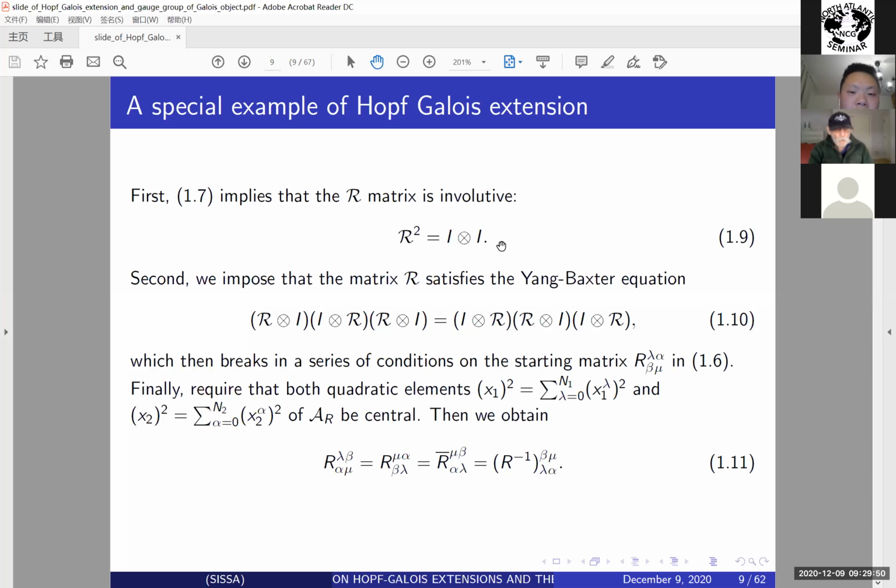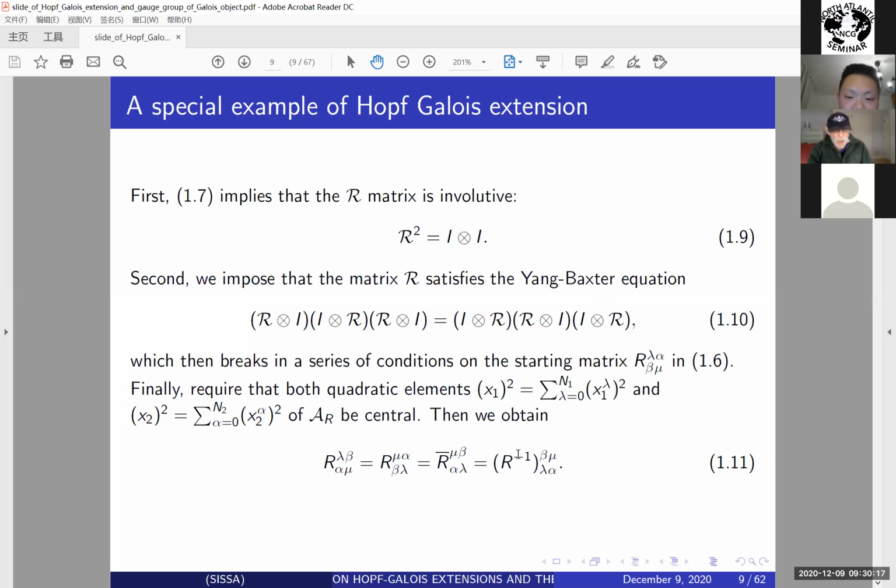And next, we want to impose that the matrix satisfy the Yang-Baxter equation 1.10. And this Yang-Baxter equation then can break into a series of conditions from the beginning in 1.6, the commutation relation of x1 and x2. And finally, we also need to require both a quadratic element x1 square and x2 square belong to the center of AR.